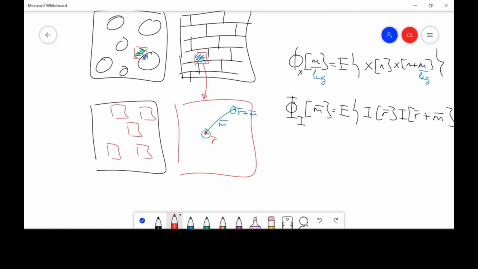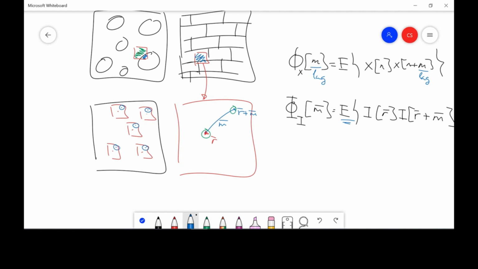So you place them everywhere. And once you have placed them everywhere, for every one, these are the central points, and these are the points given by the lag. So this sum here, this expected value, is taken over all these points.